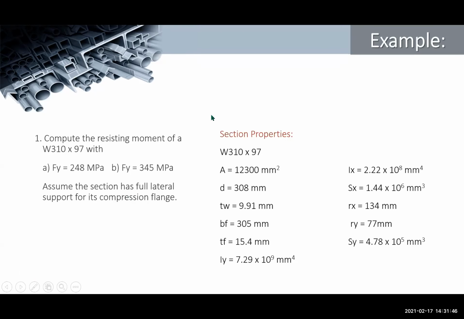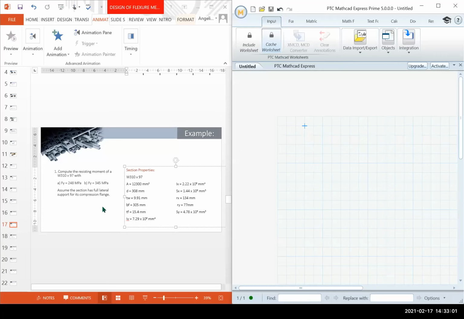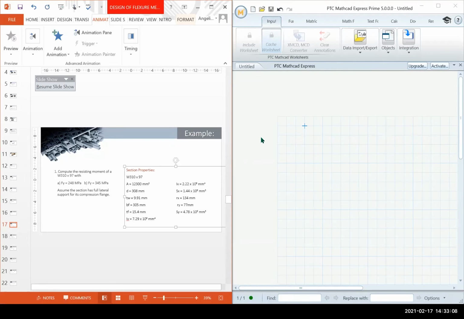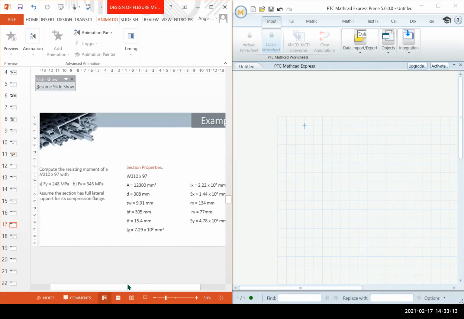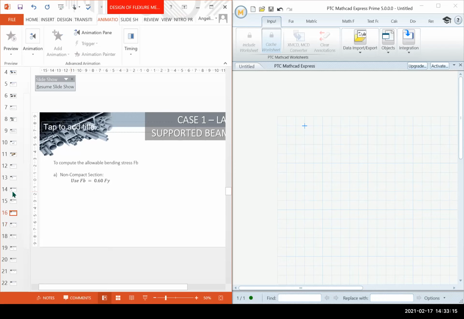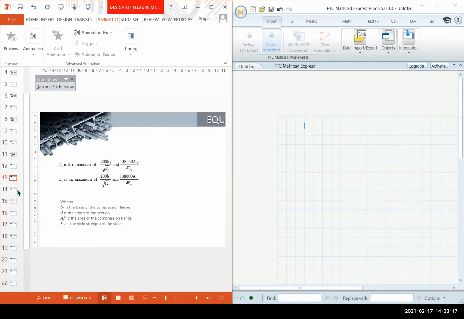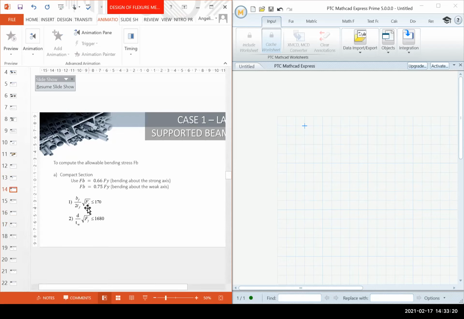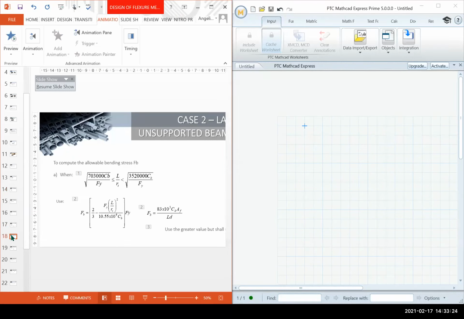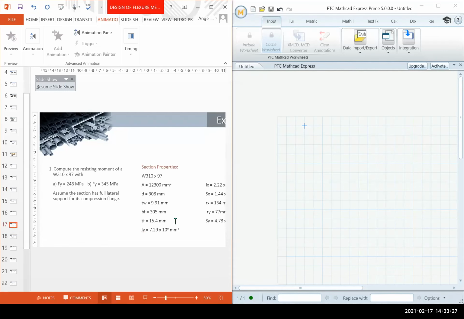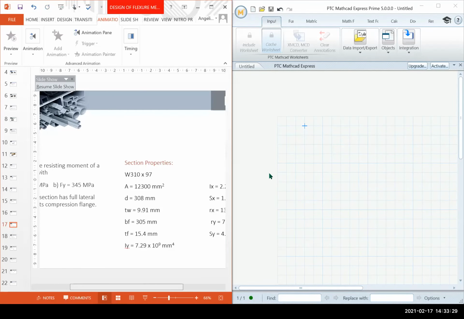So solve natin. Okay, let's solve the problem. Copy ko muna itong section properties. So first, diba, ang equation natin, consider natin is BF over 2TF times square root of FY should be less than 170. So check natin. BF niya dito is 305.